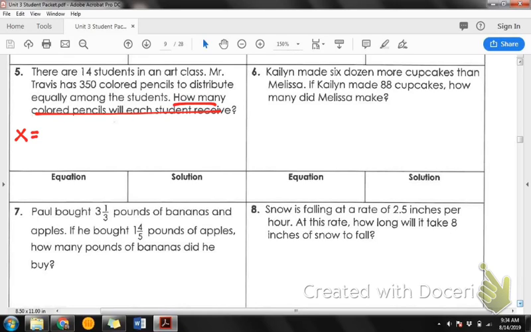X equals number of colored pencils. So now we can cross that part off.